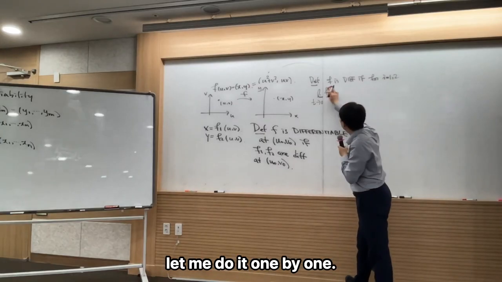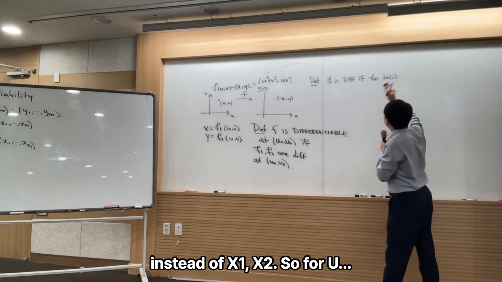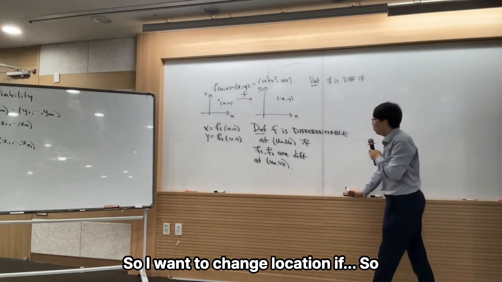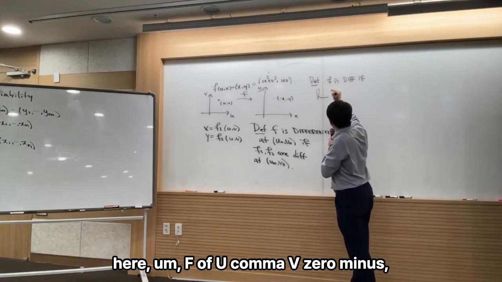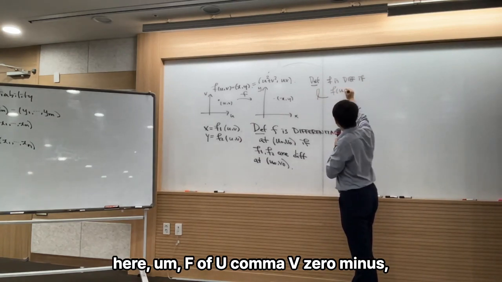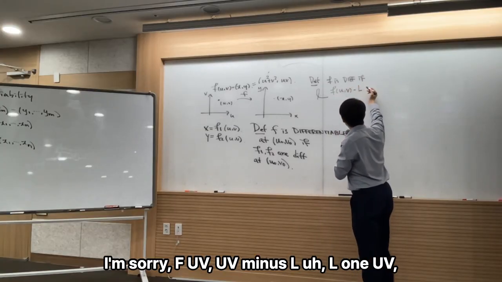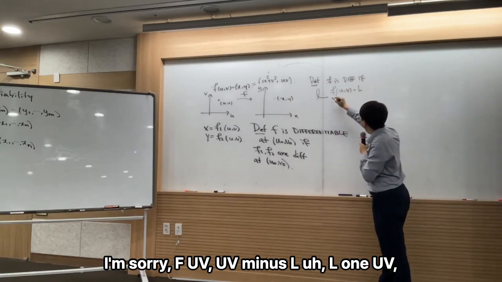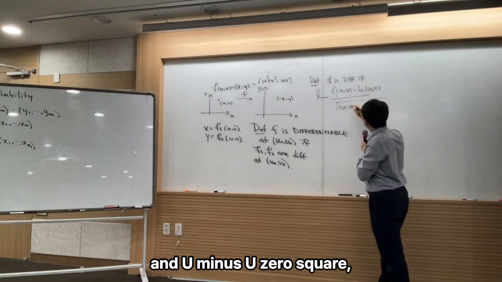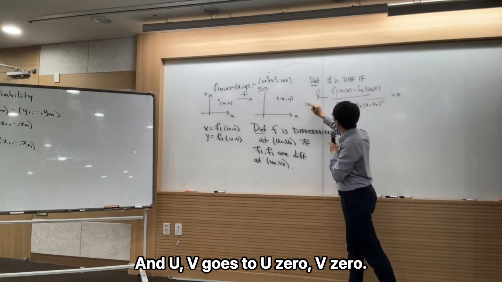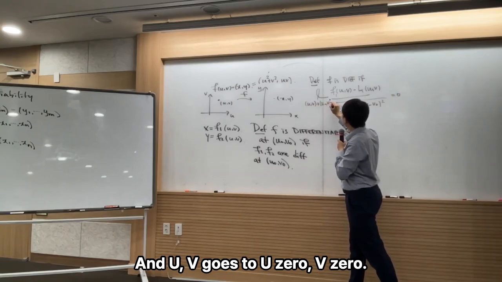Let me do it one by one. Since we are looking at u and v instead of x1, x2, and I don't want to change notation, for u we have: the limit of f1(u, v0) minus f1(u0, v0) minus L1(u, v), divided by the square root of (u minus u0) squared plus (v minus v0) squared, equals 0, as (u, v) goes to (u0, v0).